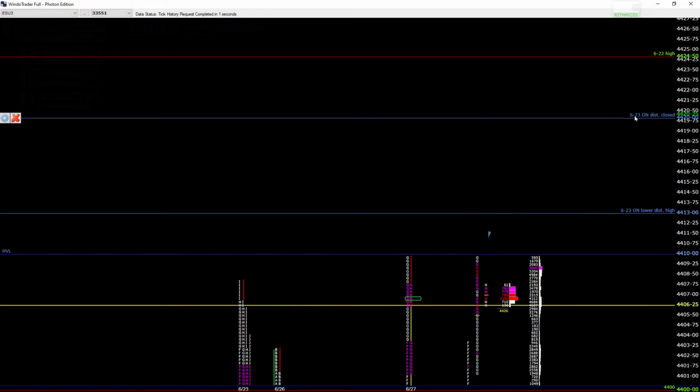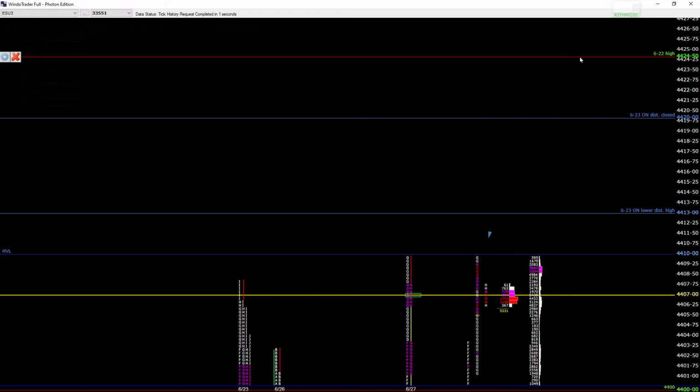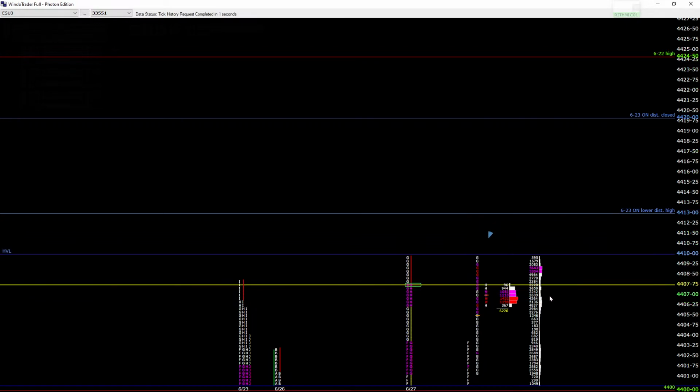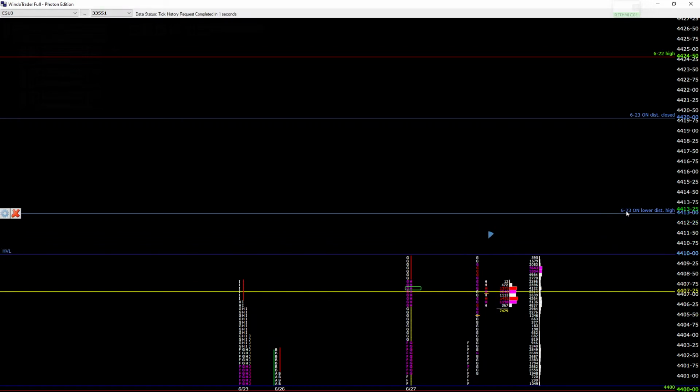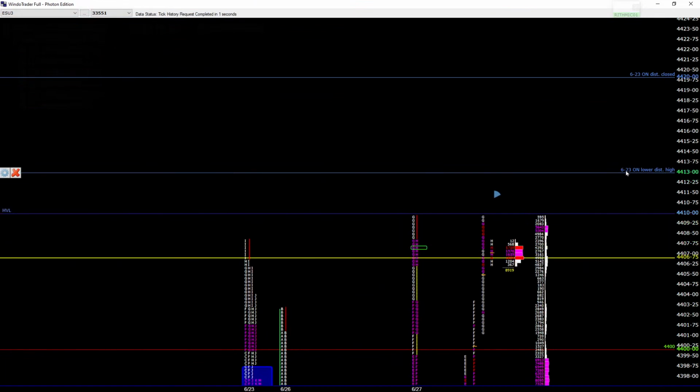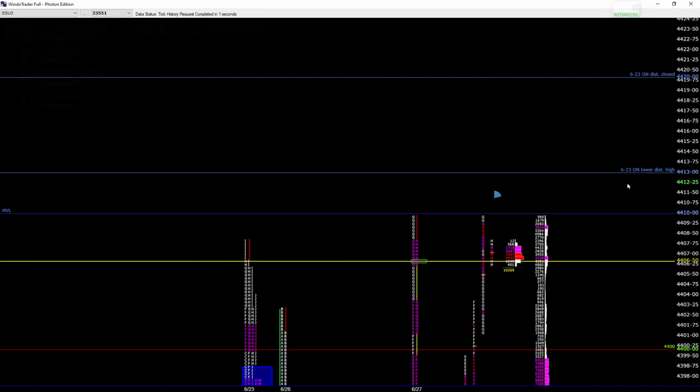There was a liquidation. Remember when the market closed way up high and it opened below the low of the range, the 23rd. I don't remember what day the 23rd is. It was Tuesday, something last week.